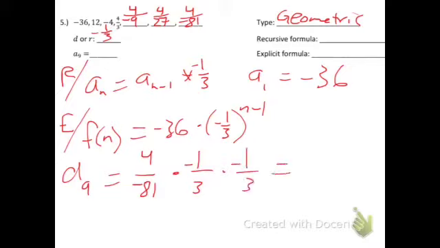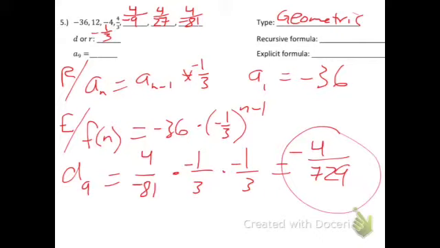And so I'm going to do 81 times 3 times 3. I'm going to get 4 over -729. And there we go, that's going to be my 9th term.